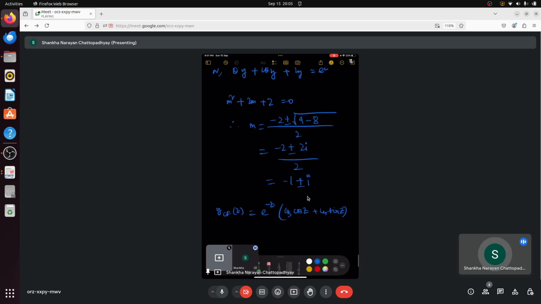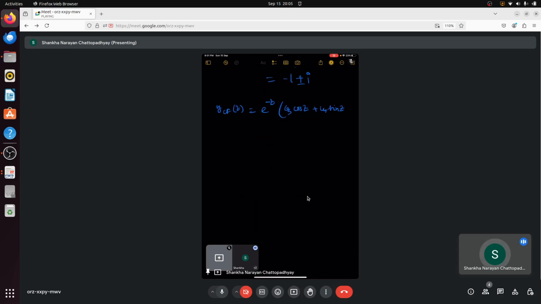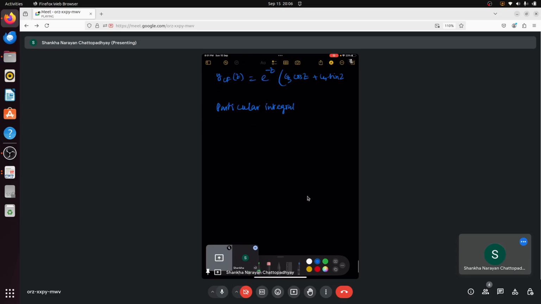Now you need to find the particular integral. This is actually 1 by theta square plus 2 theta plus 2 applied upon e to the power z. Now you just put 1 here, so that will be e to the power z divided by 1 plus 2 plus 2, e to the power z divided by 5 will be the answer.